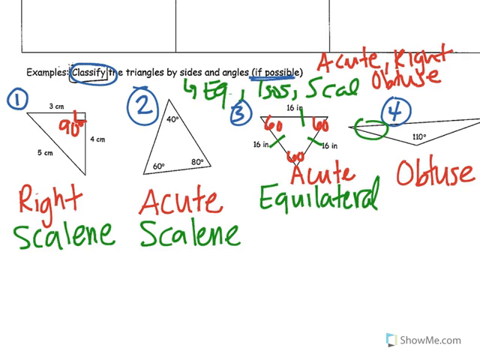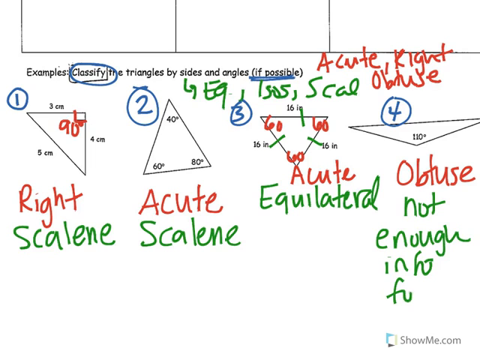However, I don't even know these two angles over here either. So I don't have enough information to know for sure that those 2 angles were different or the same. So I'm actually going to say that classifying by sides here is not possible. So let's write down not enough info for sides. You can only classify this by angles, okay?